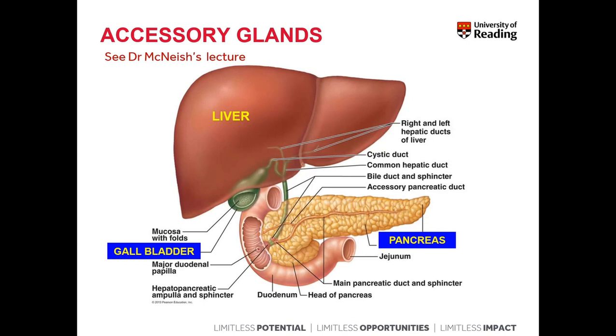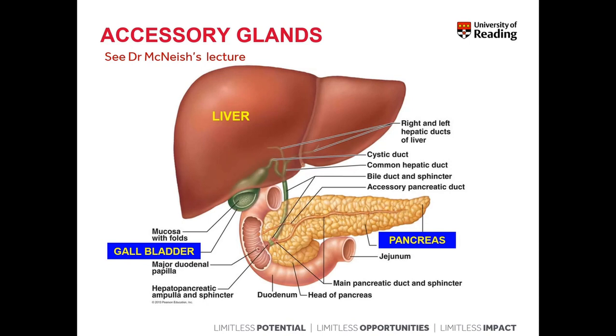So I encourage you to look at Alistair's lectures and to connect them to the content delivered here. Today we'll talk about the liver mostly in relation to its digestive function. Amongst the other functions of the liver, one of them is to produce bile acids, which then get collected into the gallbladder. And then, when it's needed, they get secreted into the small intestine.